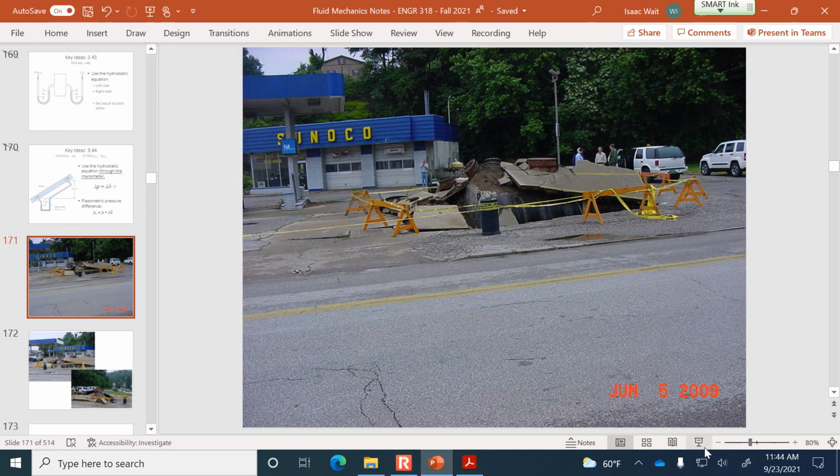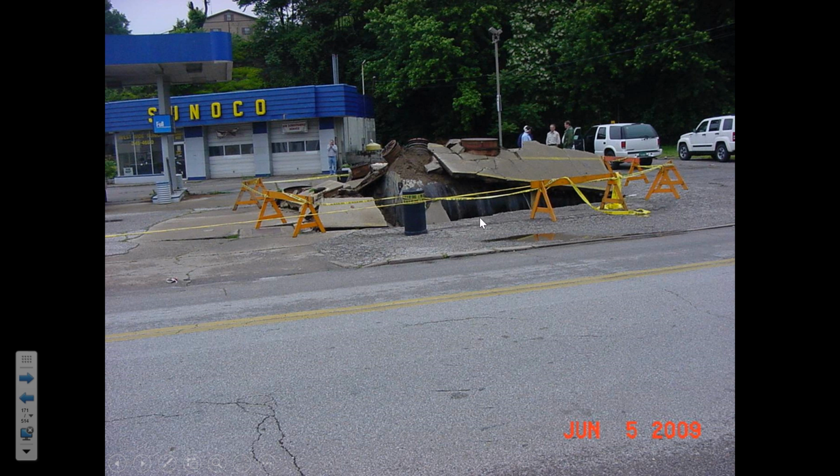Yeah, all right. So we've got an abandoned gas station that has an underground storage tank they used for the fuel. And you can see that this is kind of an unexpected thing. They've got this emergency yellow police tape around the edge of it, and it appears that the fuel tank has broken through the concrete at the surface.